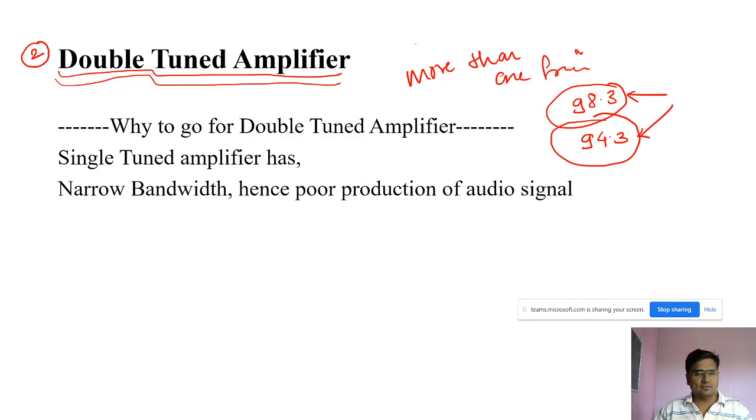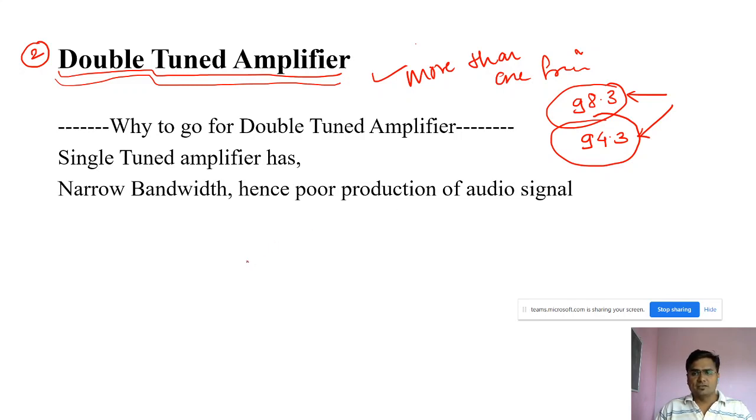I can select more than one frequency. But how this is achieved, or whether the aim is to achieve two resonant frequencies, or whether it is just a single tuned amplifier with some modifications, or another version simply.